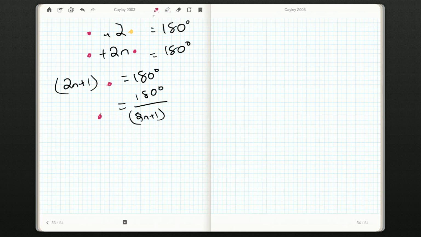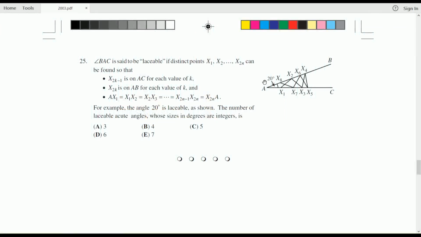So first of all, does that work for our 20 degrees? Okay, if we go back to our original question, with 20 degrees, we bounce around, we go x1, x2, all the way up to 2n here. And that turned out to be 8. So n was 4. And our angle here that we started with, 20 degrees, that's 180 degrees divided by 2 times 4 plus 1, or 9.